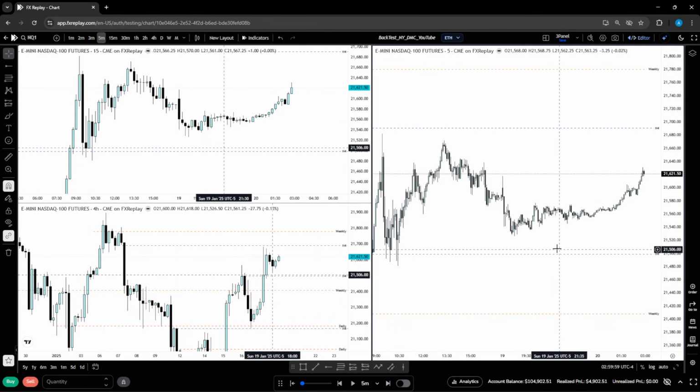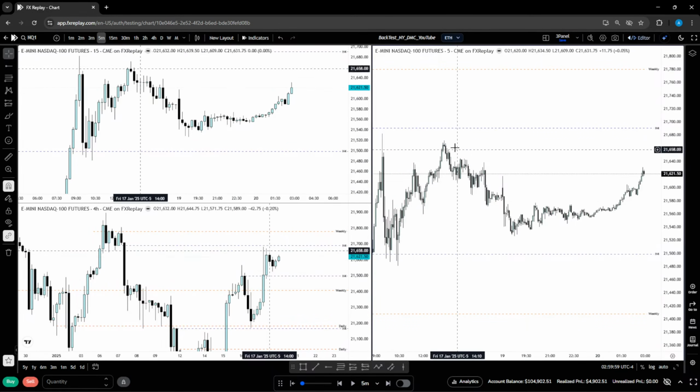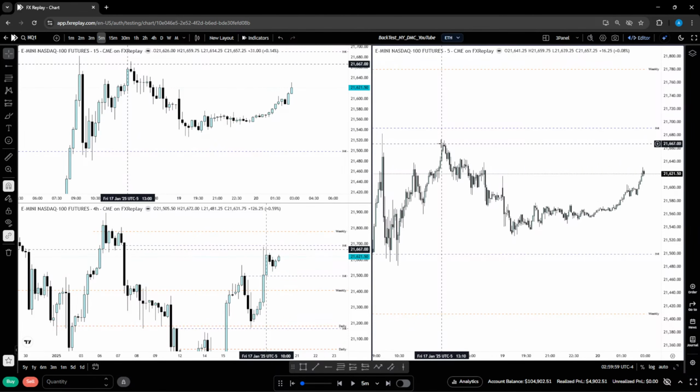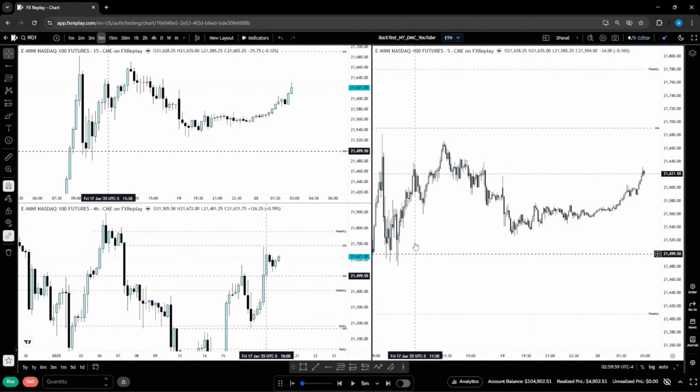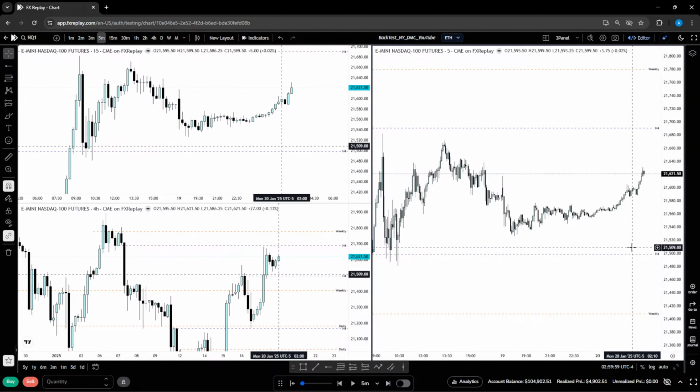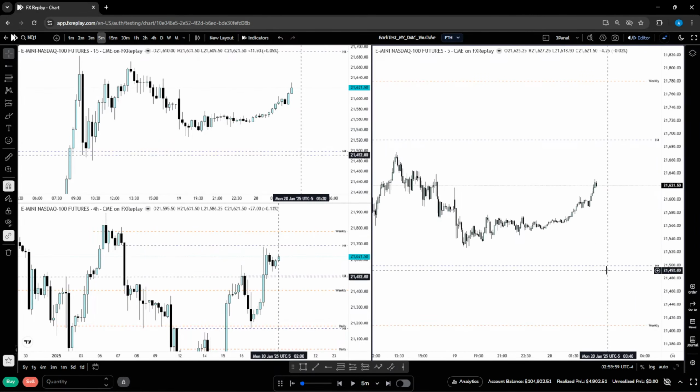This 4-hour level was not really touched after we moved higher. This was one test, so maybe this one counts. Otherwise we'll come back to here and then go up.